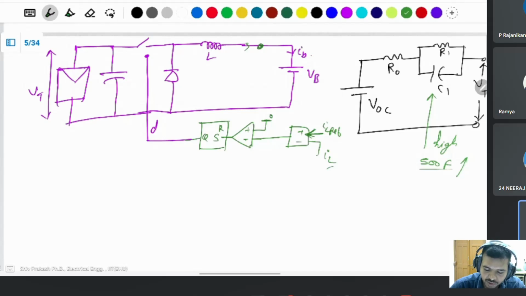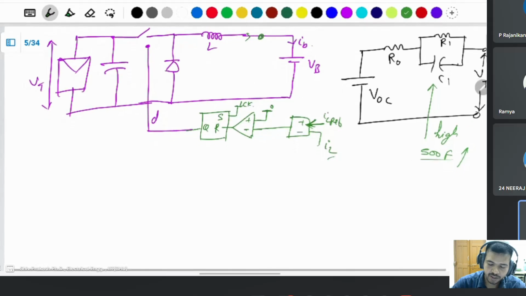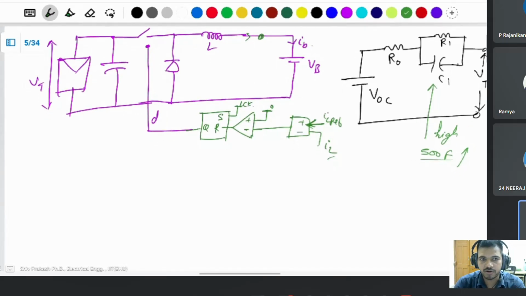Some comes from this comparator. R is connected to here, set is connected to the clock. In every clock there is active or reset of the whole thing.